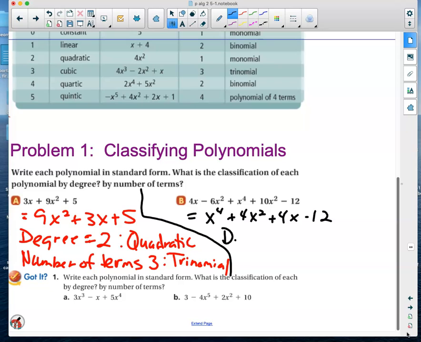So now, I would like someone to unmute and tell me the name by the degree.